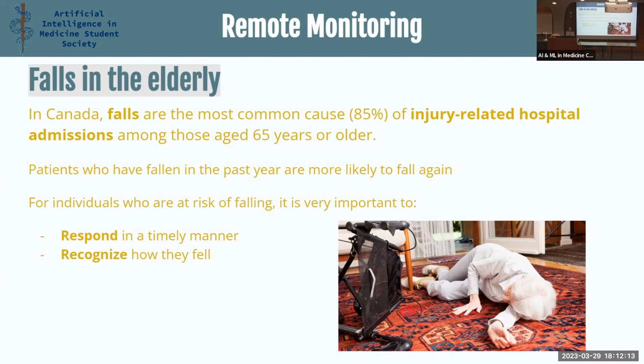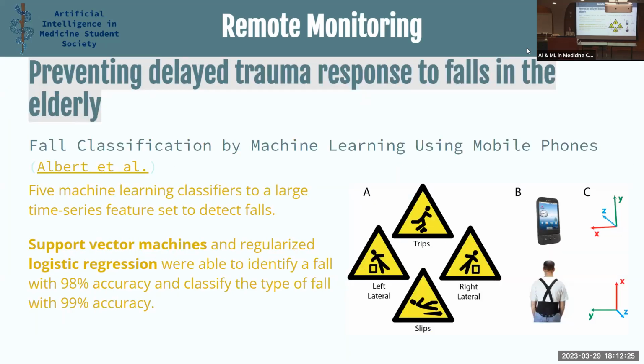So the reality of Canada is we have a lot of older people. A lot of those people are actually living independently at home, and there's no way to monitor them or make sure that they're safe. So there was this cool study by Albert et al. where they used support vector machines, which, I feel like the definition of AI is constantly changing.